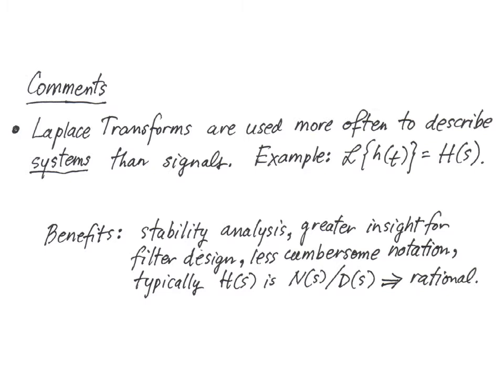The notation is less cumbersome because instead of dealing with j omega or e to the j omega all the time, now we're dealing with s. And you'll find that you might not even see a j or an exponential as you did before in much of what we do. For example, H of s for circuits and many other applications is rational. It's a ratio of polynomials in s, making the notation so much easier for us.